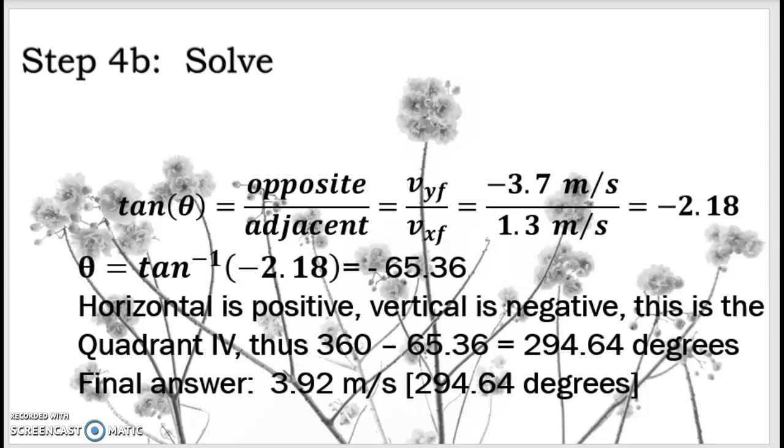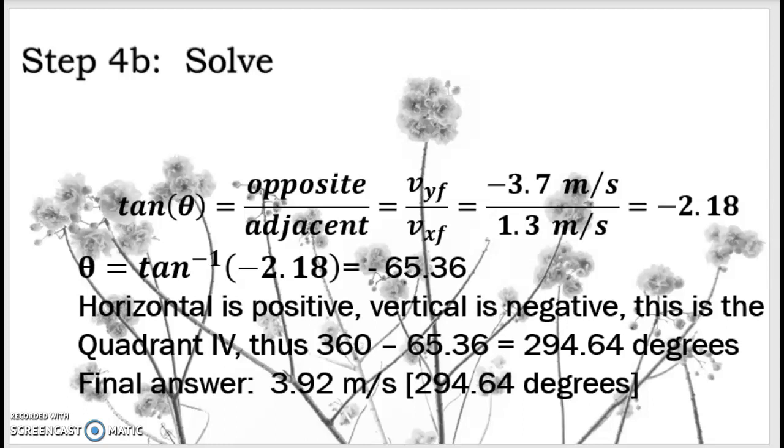And then I can plug that into theta equals tan to the negative 1 of negative 2.18, and I end up with negative 65.36 degrees. So if I get a negative degrees, I know that I have to be in either the second or the fourth quadrant. If it were positive, it would be in the first or the third.